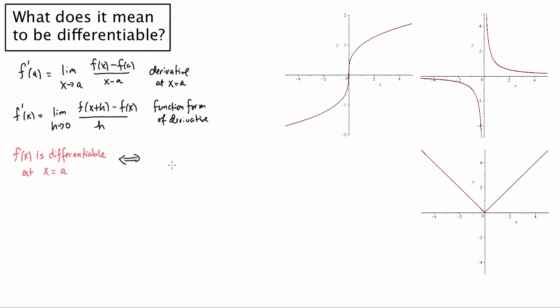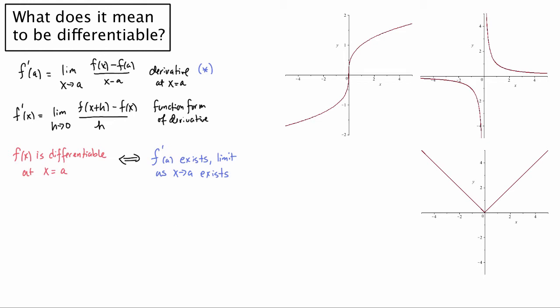The property is that the derivative at a exists, which means that this limit definition at the point a exists. So this is based on the limit, in other words, the limit as x goes to a exists. So this is what it means for a function to be differentiable.